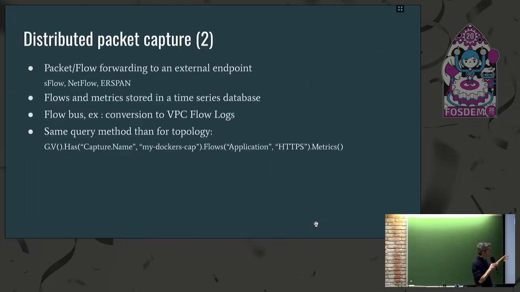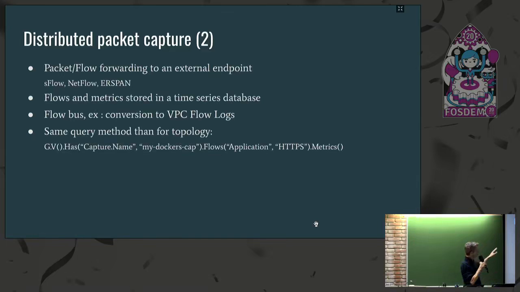So now we have a way to generate flows, and we want to export them. So with Skydive, you have multiple ways to consume the flows generated or the packets generated. One of them is to start a capture. So you write your expression matching multiple interfaces, for example, and then you say I want to have the packets going outside of the Skydive scope.